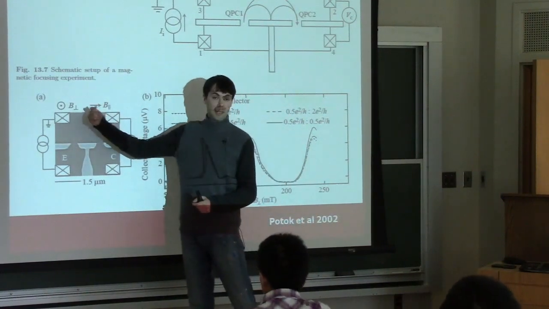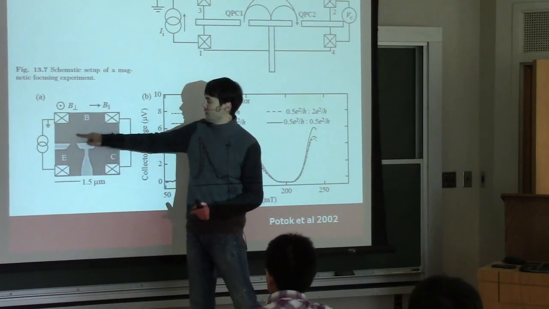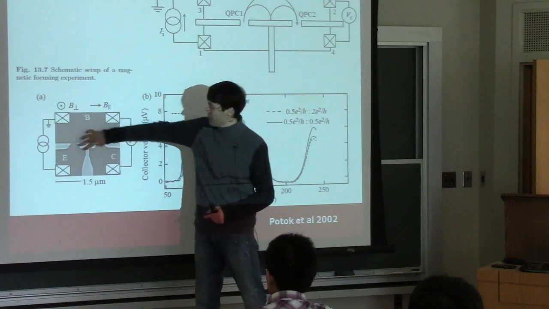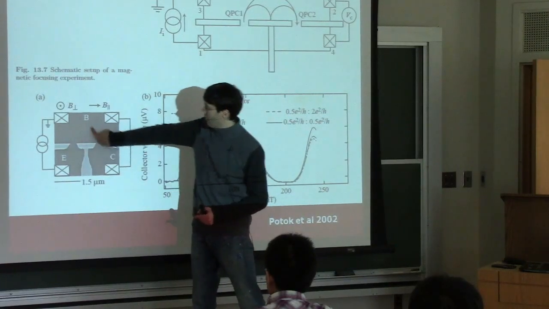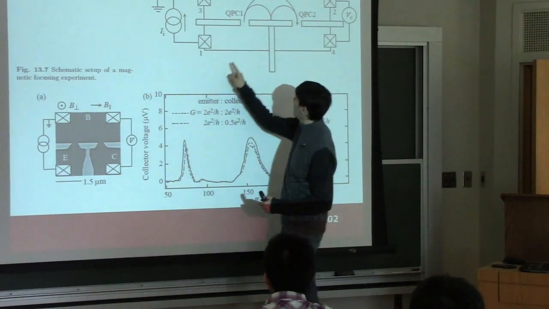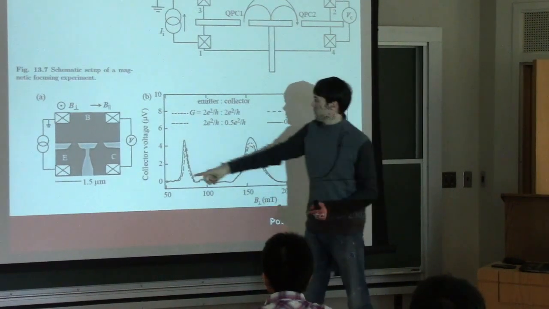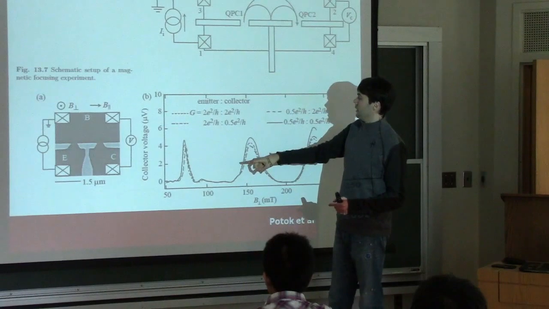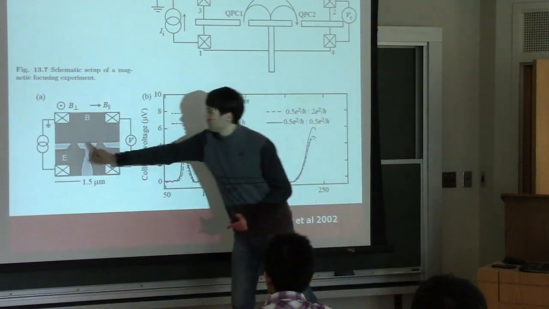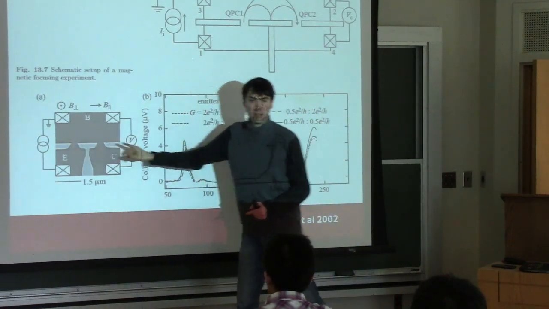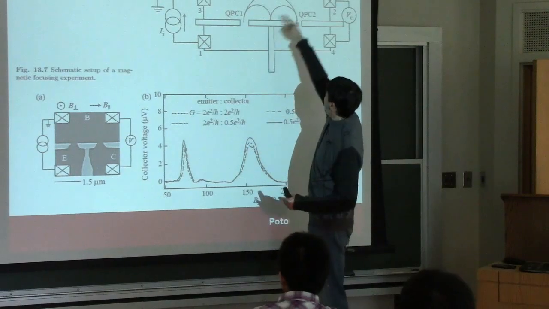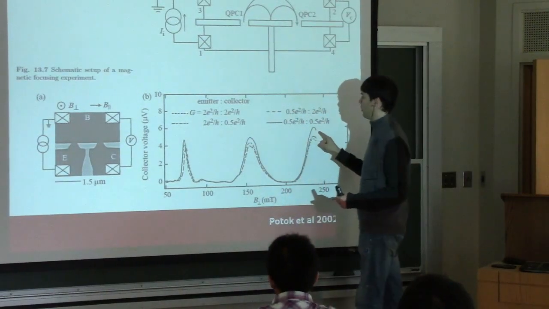And when we apply field out of the plane, we focus electrons from here to here, and all the trajectories, no matter what angle, come here, just like it's shown here. So for the first trajectory, we get the first peak when electrons coming out of here exactly hit the other constriction. For the second trajectory, we get the second peak. There's a third peak.